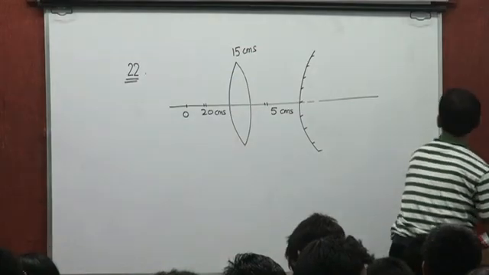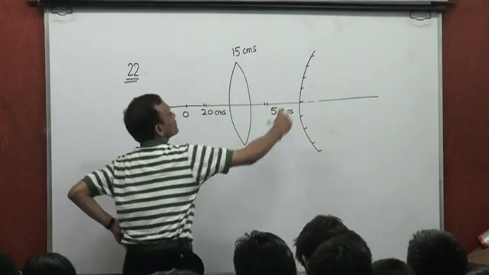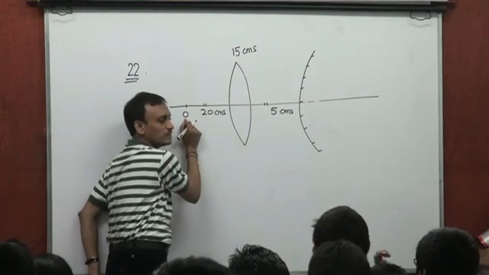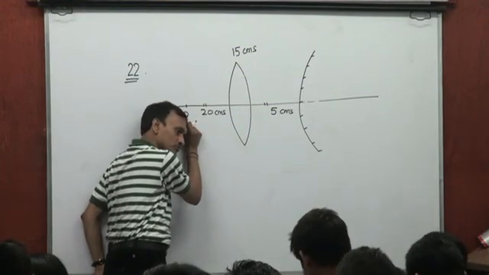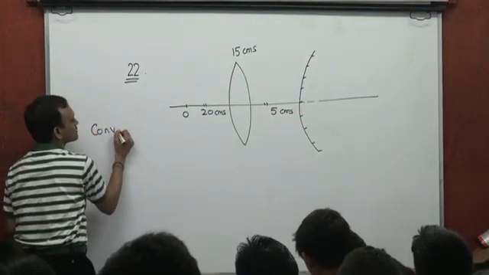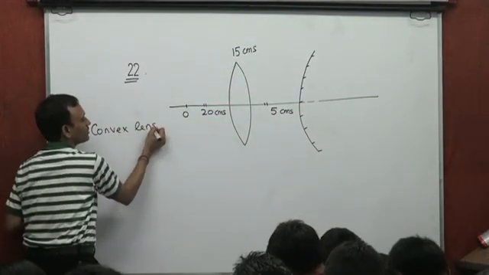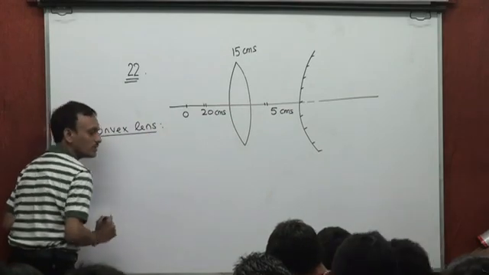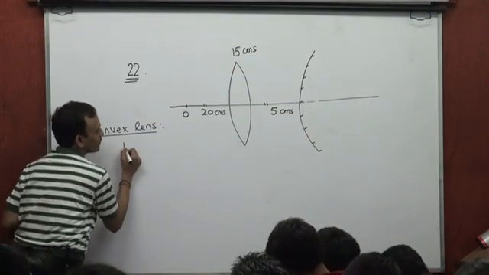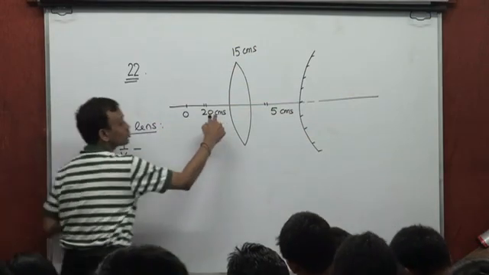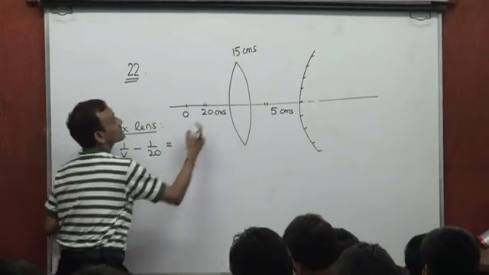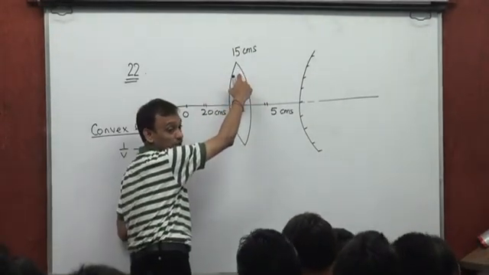First of all, if this mirror was not there, let's find out where the image of O would have got formed, right? So, for the convex lens, if the mirror was not there, the image would get constituted at the image distance given by 1 by v minus 1 by u, with u equal to minus 20, so 1 by 20 equals 1 by f. Is the focal length plus 15 or minus 15?